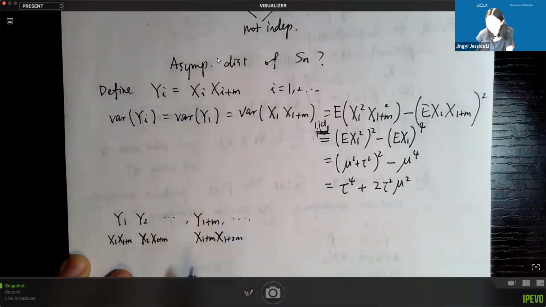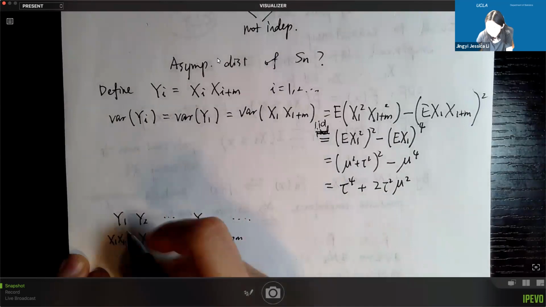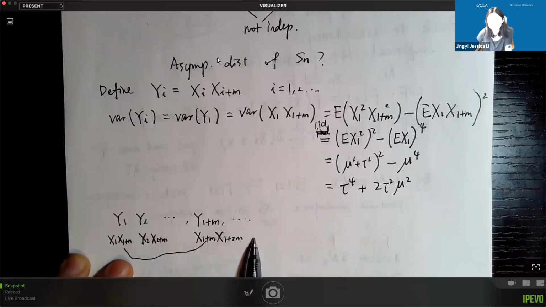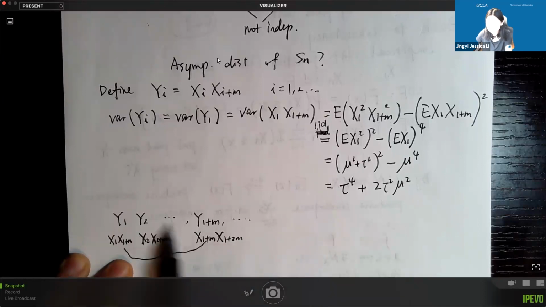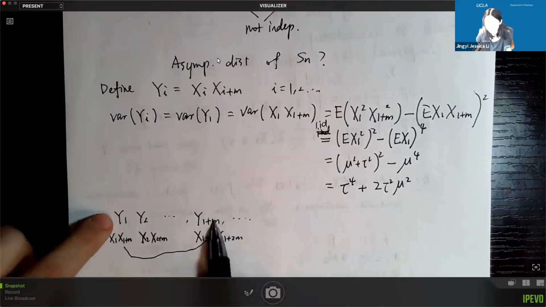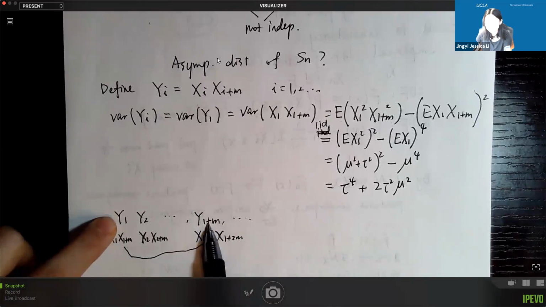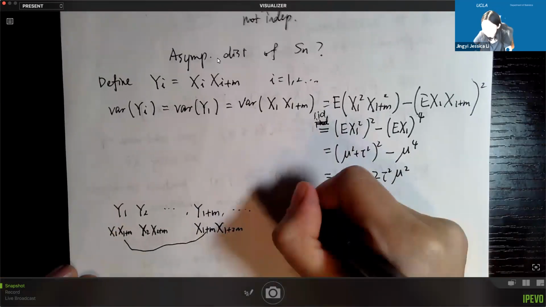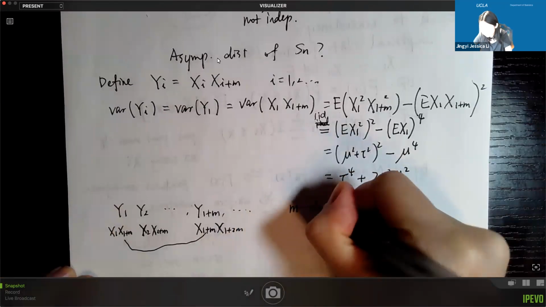So you see, we only encounter the same random variable here, but nothing in the middle or afterwards. In other words, I only have dependence when two yi's are apart by m. So that can simplify my question a lot. I have basically m dependence.